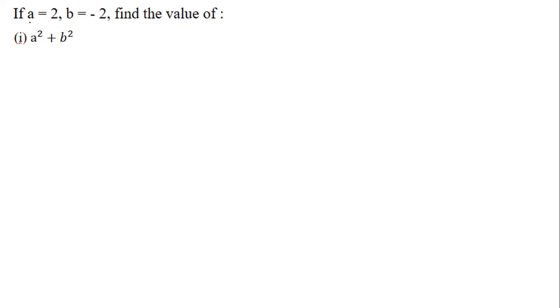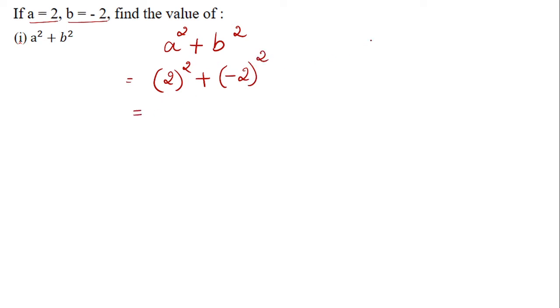If a is equal to 2 and b is equal to minus 2, find the value of a square plus b square. So a is equal to 2, so 2 square plus b is minus 2, so minus 2 square. So 2 square is 2 into 2, that's equal to 4.